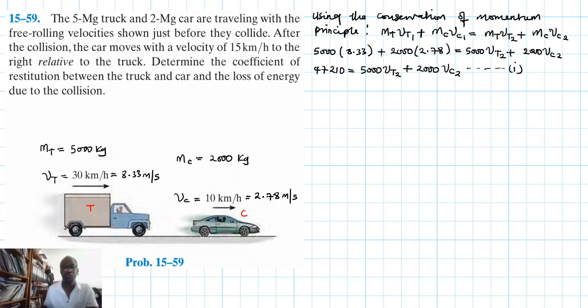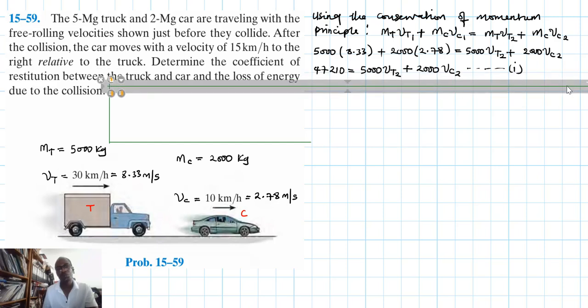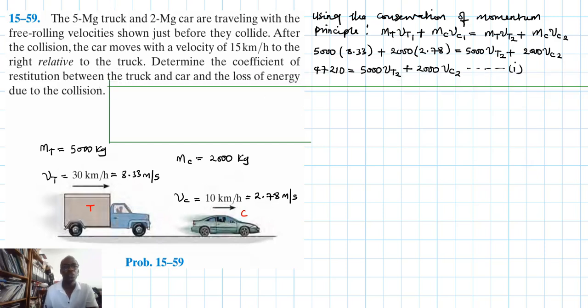Having found this, we need another equation, because we have two unknowns.